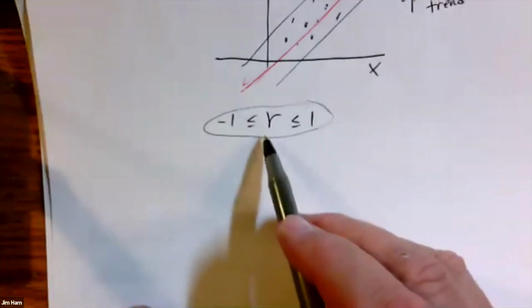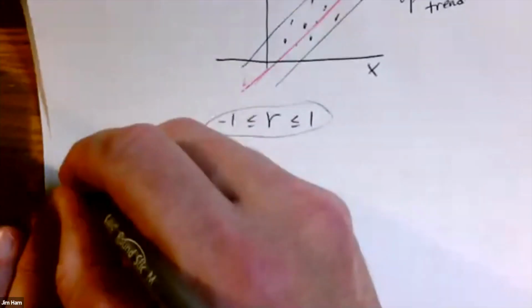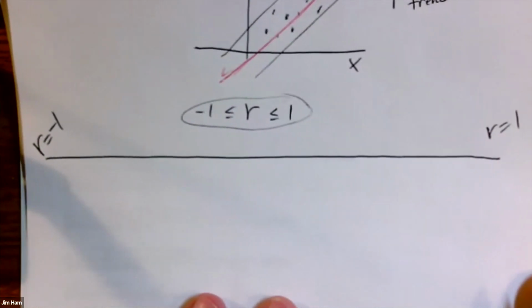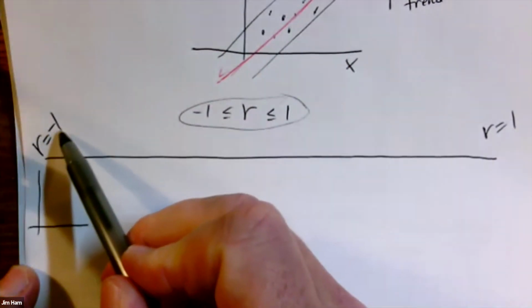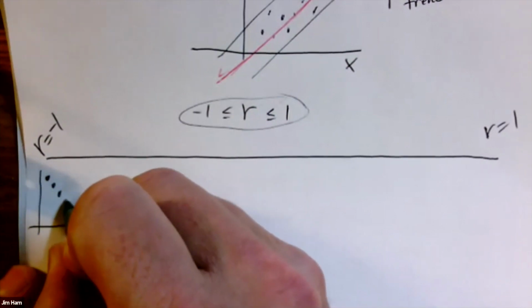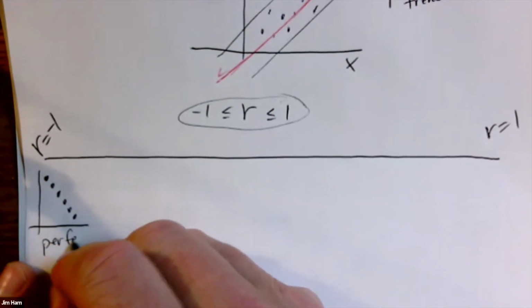All right, so let me show you what the scatter plots look like for different correlation coefficients. Here's the continuum. The smallest value of r would be -1, and the largest value of r would be +1. If the correlation coefficient is -1, this is what the scatter plot would look like. It would be a perfect linear relationship.